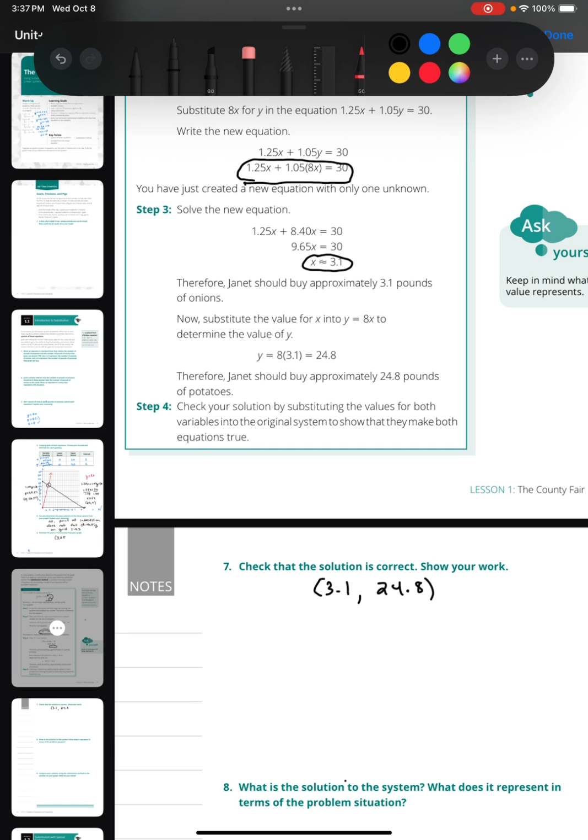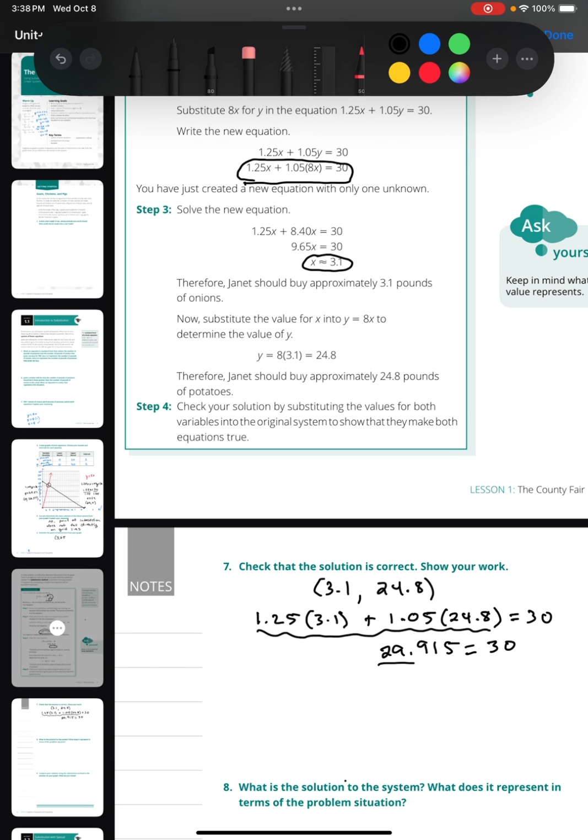Well, if we go plug that in to the first equation, 1.25 times 3.1 for x, plus 1.05 times 24.8 for the y equals 30. Well, if we simplify that, again, we can just put all this in the calculator. We are going to get 29.915 equals 30. So again, we had to round a little bit here.